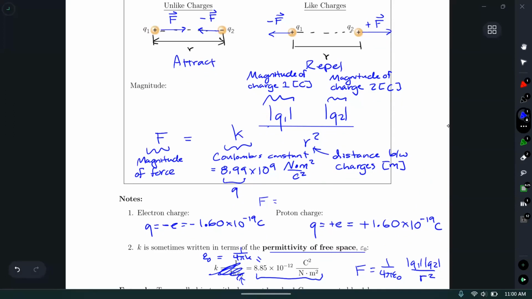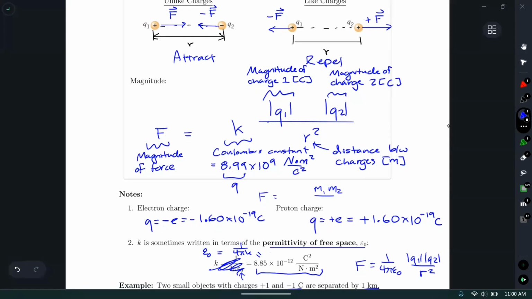It says that the gravitational force between 2 point masses, 2 concentrations of mass, is proportional to the product of the 2 masses. We don't need absolute value because we don't have negative mass, as far as we know, over the square of the distance between them, and you scale that by a proportionality constant.